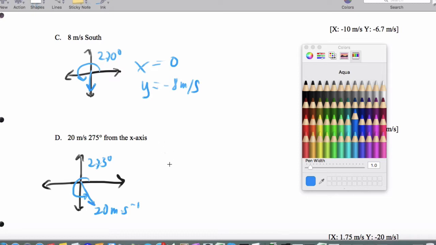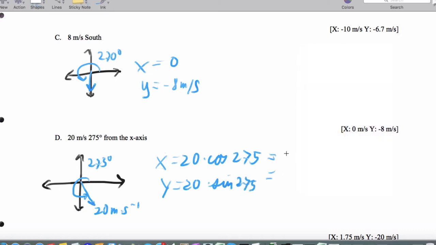So we have x is going to be 20 times the cosine of 275, and our y component is going to be 20 times the sine of 275. And when we work those two out, we're going to end up getting about 1.75 and negative 20. Let's actually round this properly, though. I'm going to put a little decimal there so we get 2 sig figs. That would be 1.8 meters per second and negative 20 meters per second as well.